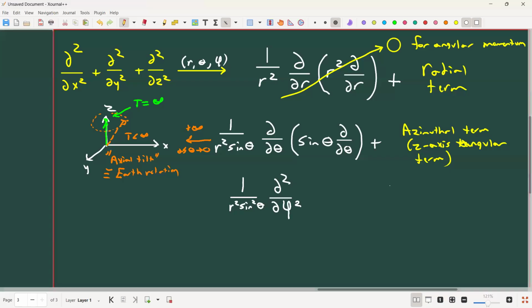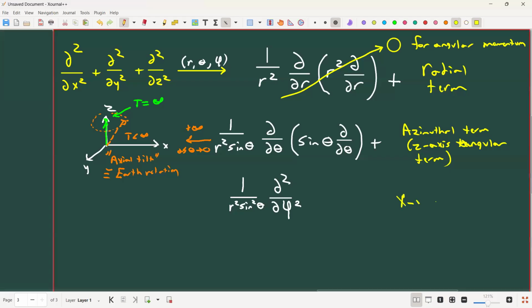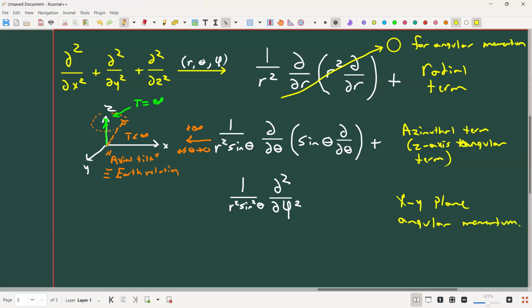And this is our XY plane angular momentum term. And all this is saying, again, is the same idea: as my system slows down, it's pushing my angular momentum vector, my rotational axis, towards the XY plane.